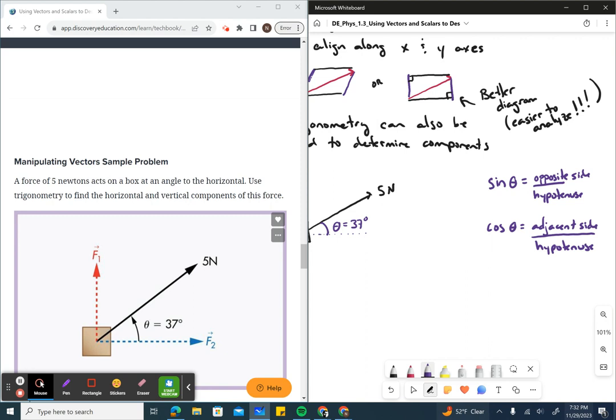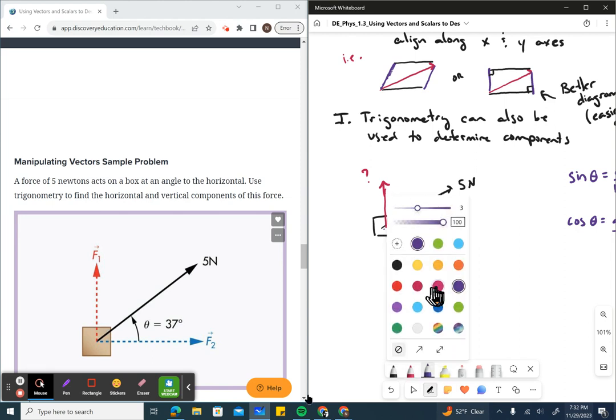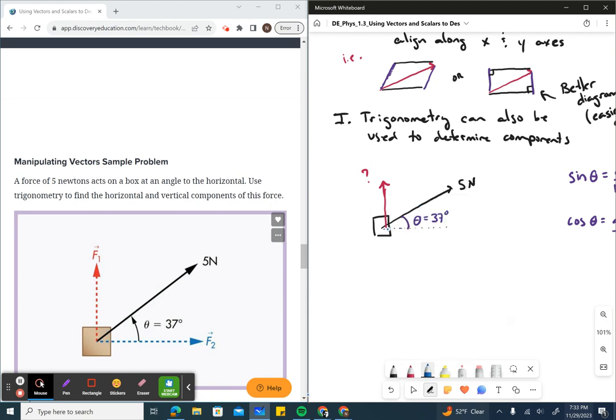So the question here is, could you figure out, say, this vector? And could you, in fact, really figure out, say, this one? And the answer is yes, because you could go ahead and just draw this kind of parallel thing over here.